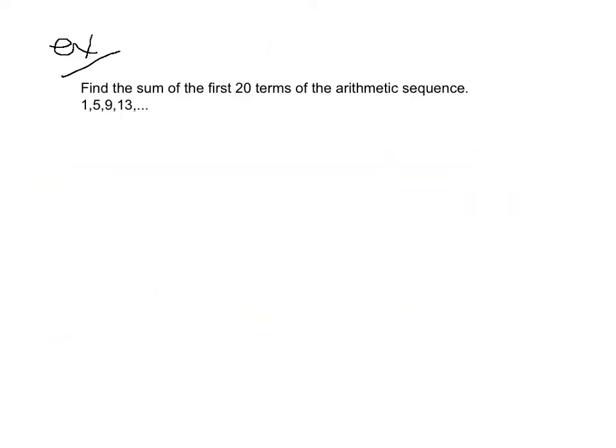So let's look at this. We want to get the sum of the first 20 terms of this arithmetic sequence. So what we want to do is use our formula that we just generated. So the sum of 20 terms is going to be 20 over 2 times the first term plus the last term, the 20th term.